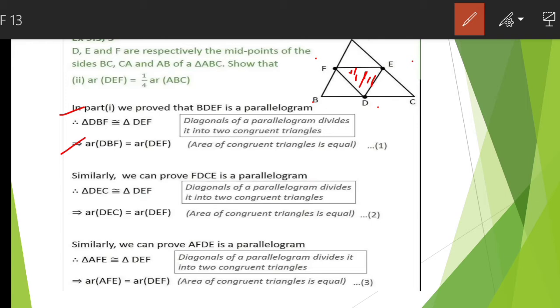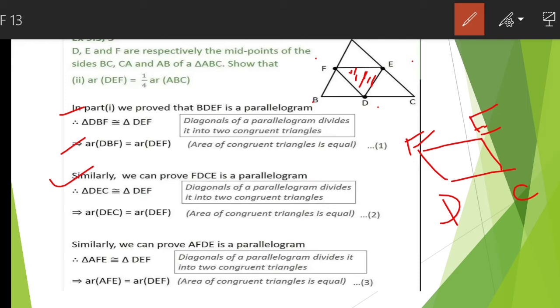By the previous argument, the way we showed BDEF is a parallelogram, in the same way we can show FDCE is a parallelogram.